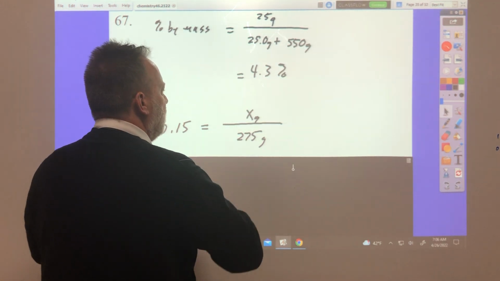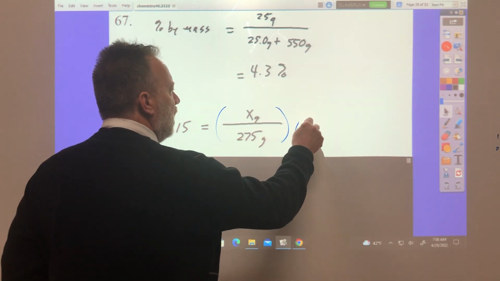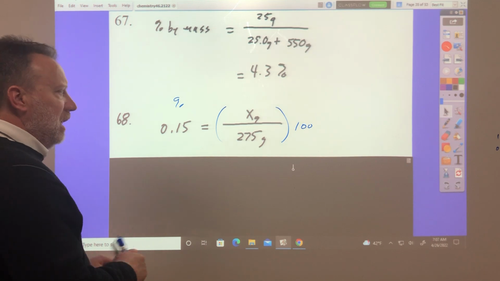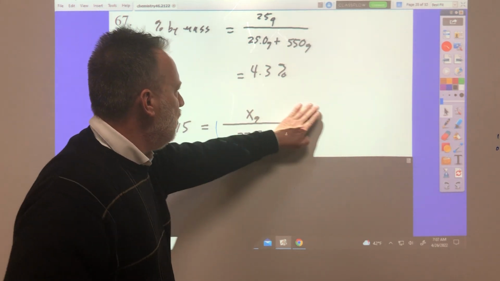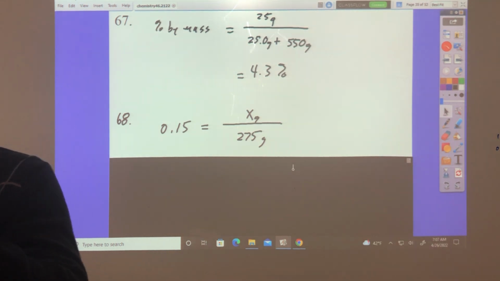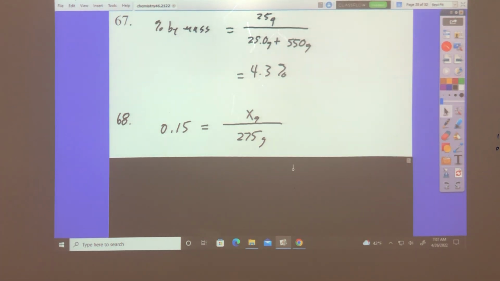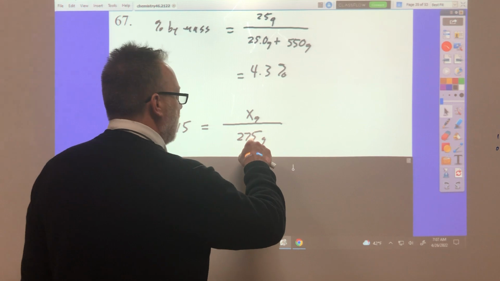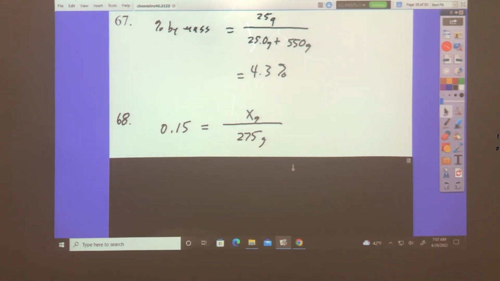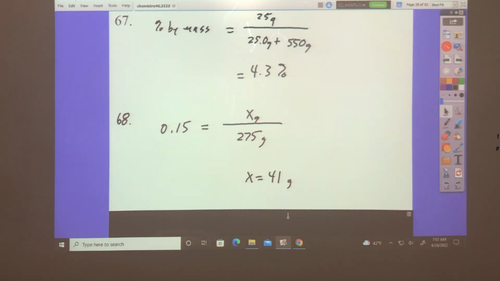Here you have a times 100, but this side was given as percent. Notice I already did the times 100 and wrote my 15% as 0.15. Okay, and there's 275 grams of solution. All you've got to do is bring this up here and multiply, and you get 41 grams.